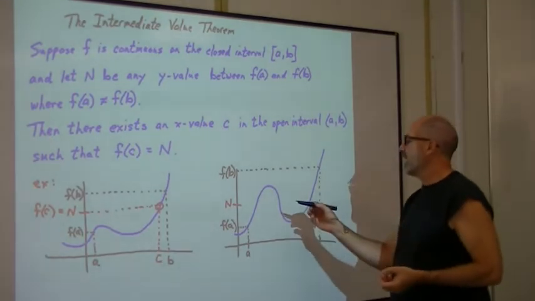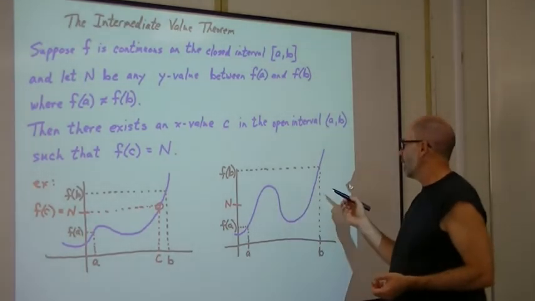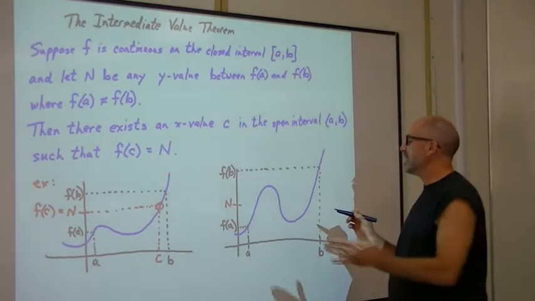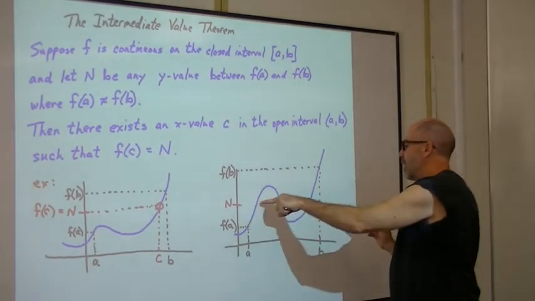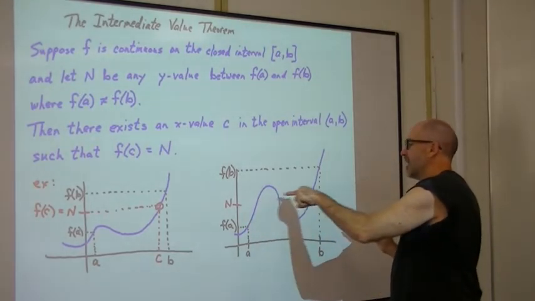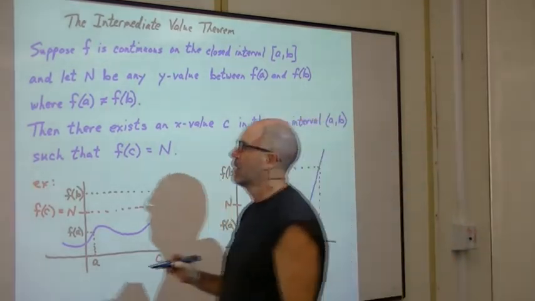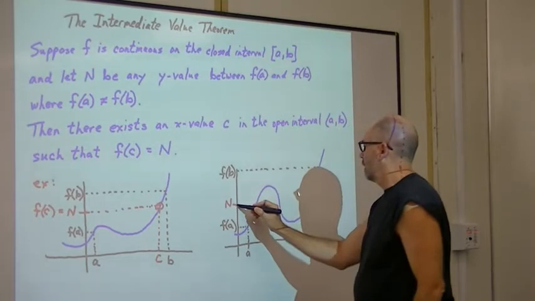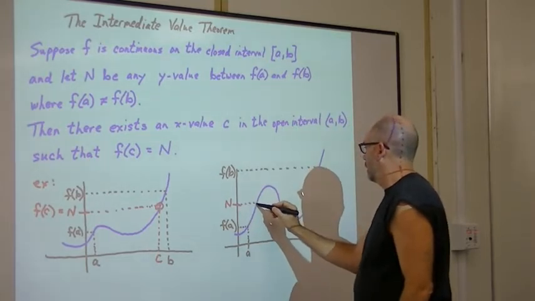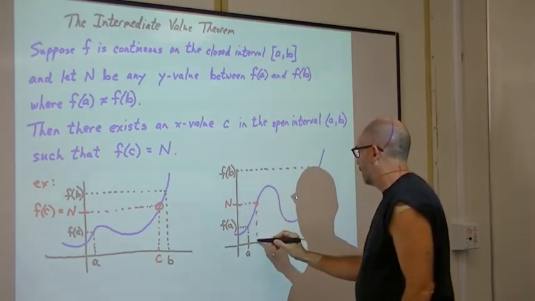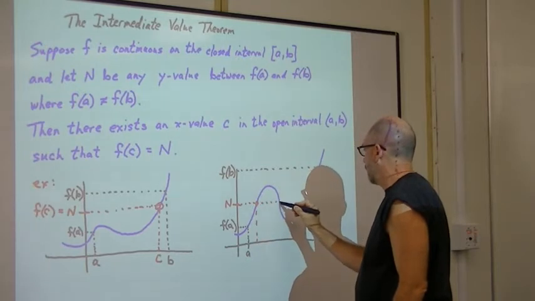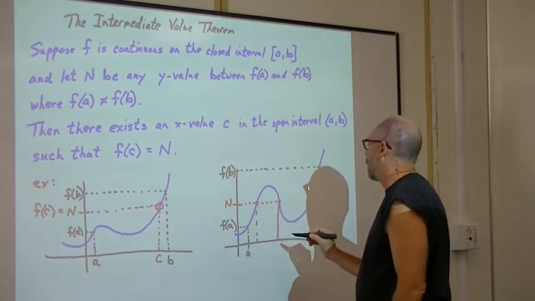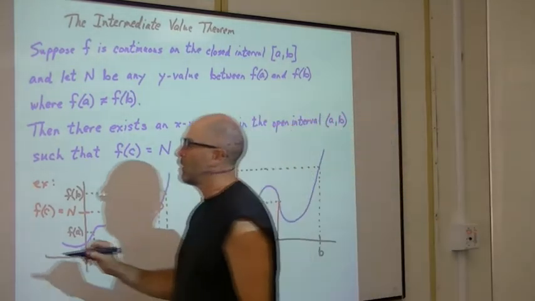All right, let's go over here. Where is my c value here? Well, basically, it's all the x values on the level of the n. So, there's one, there's another. Oh, made it a solid line, how embarrassing.